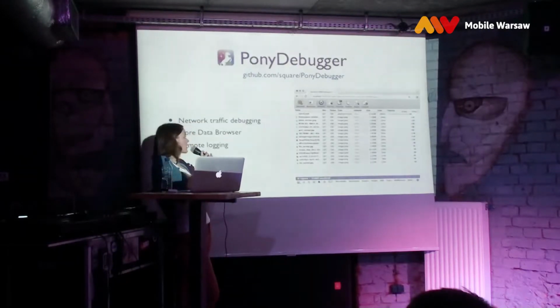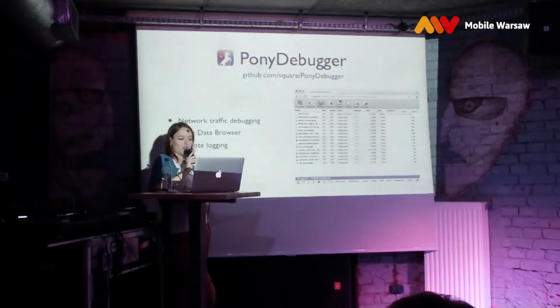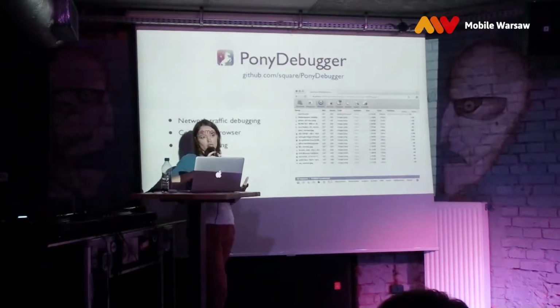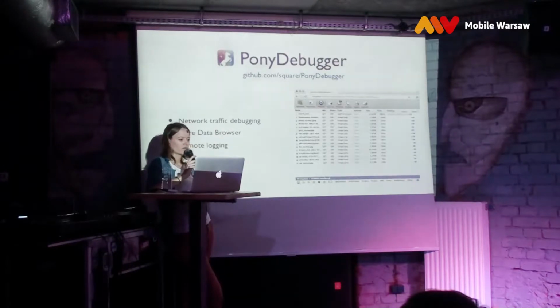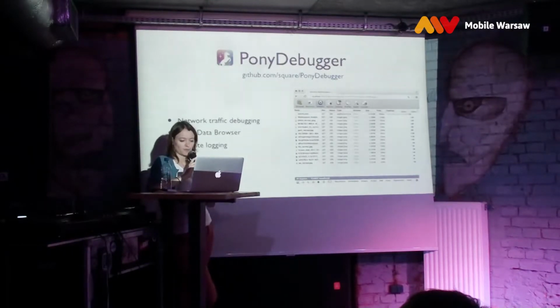Then there is this little thing, Kodi Debugger. It allows you to basically monitor the traffic, the network requests that are coming out of your application, out of your device. And it also has a rudimentary Core Data browser, but mostly it's for monitoring network traffic while debugging your app.